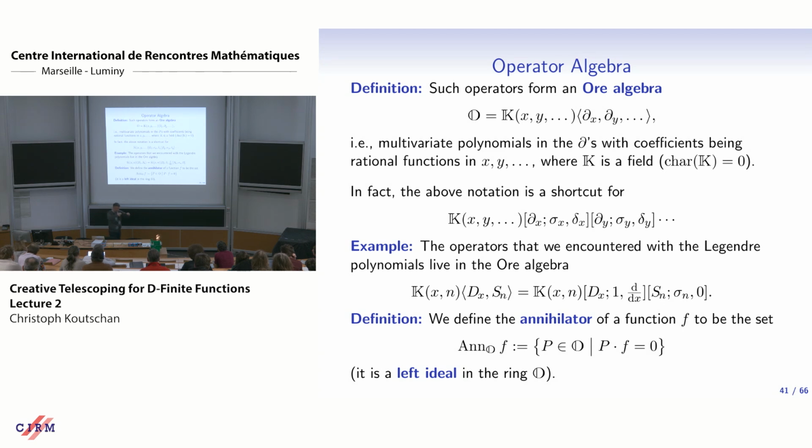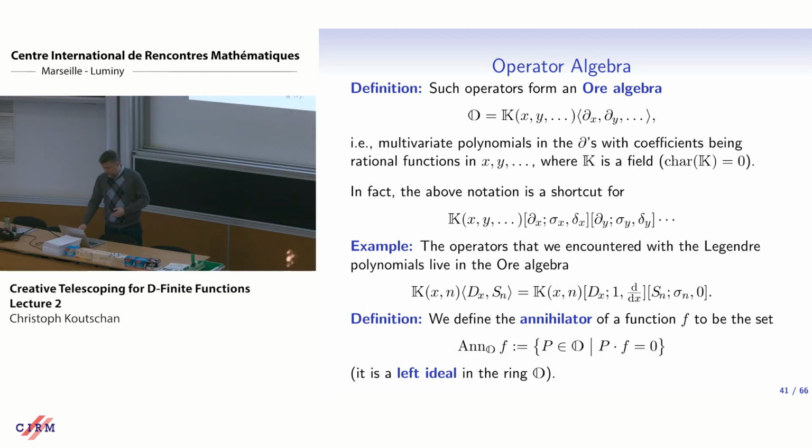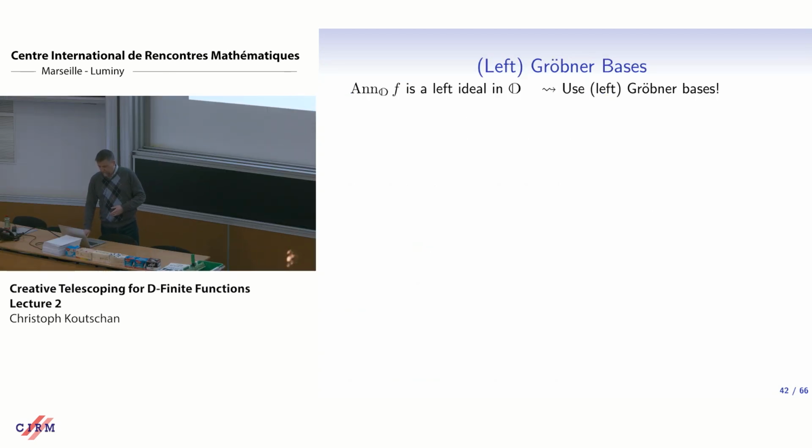So if you have some operator that annihilates your function, you can multiply it from the left by anything and it will still annihilate your function. And so from now on, when we deal with such multivariate D-finite functions, we will naturally deal with such left ideals with these annihilators. Well, and once we talk about ideals, then of course Gröbner bases are not far away. And they also play a decisive role here.